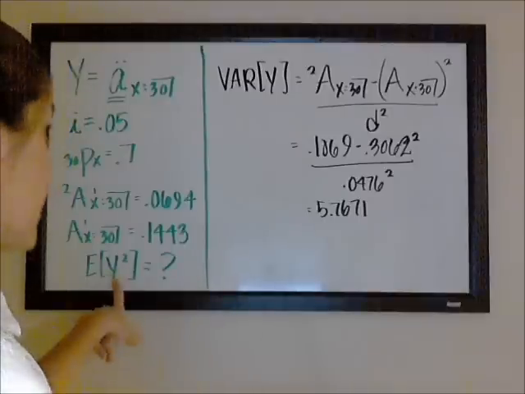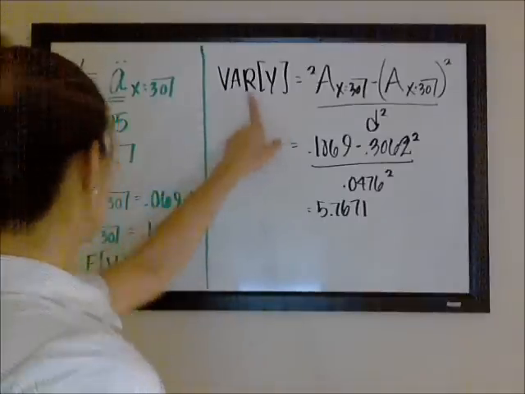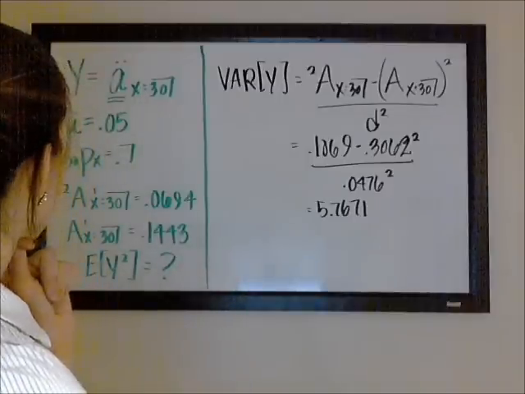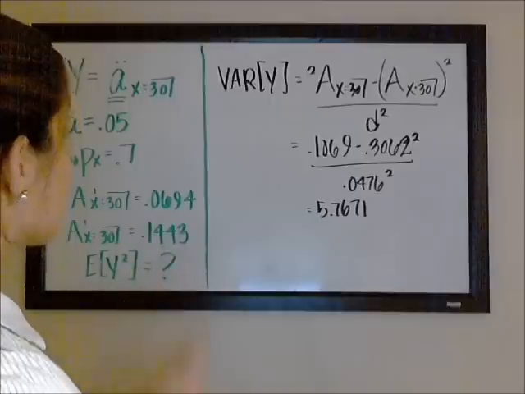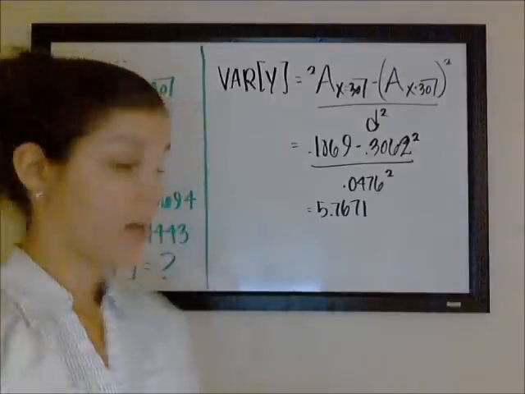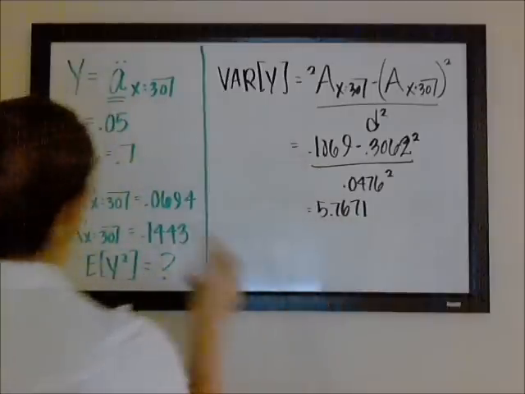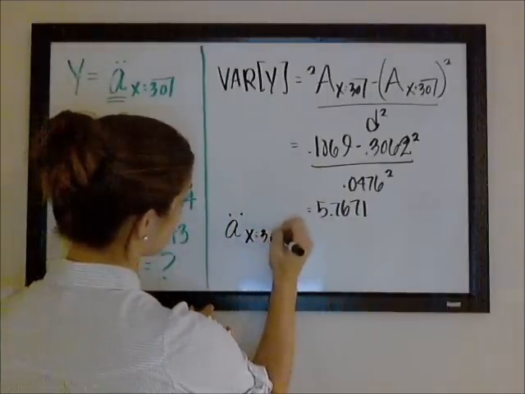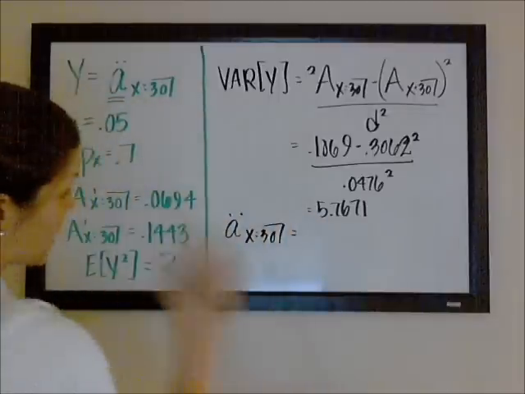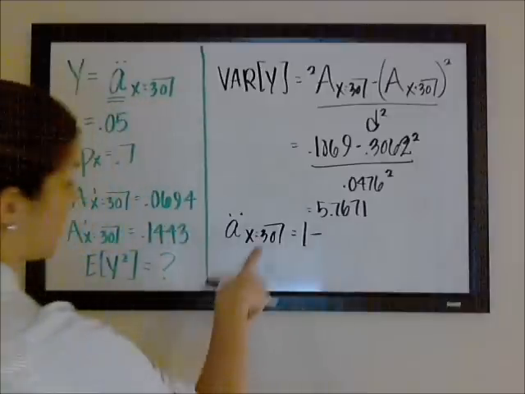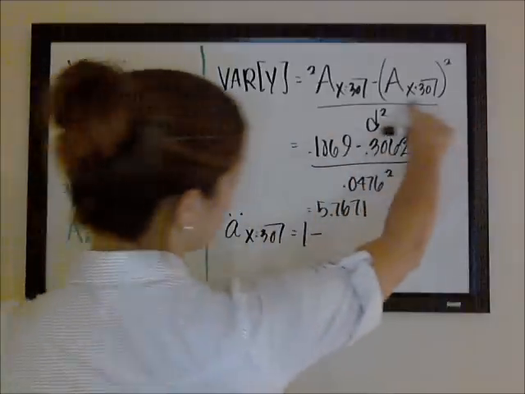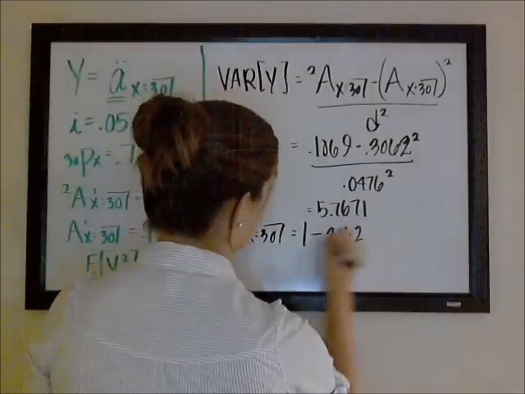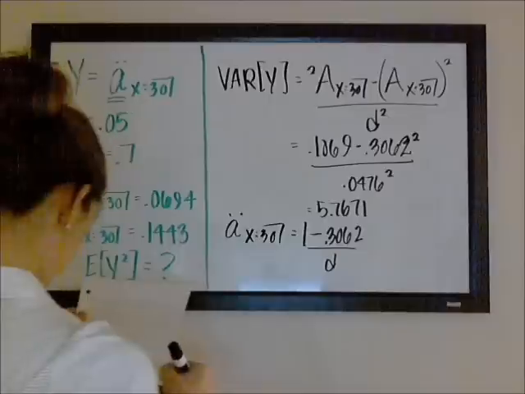Okay, we're trying to find the second moment. We said before that that was the variance plus the expected value squared, which is going to be the variance plus the actuarial present value of our annuity squared. So we have the variance, now we need the actuarial present value of this annuity. And we know that that's going to be 1 minus the corresponding insurance, so this endowment insurance, which we said was 0.3062, over d.